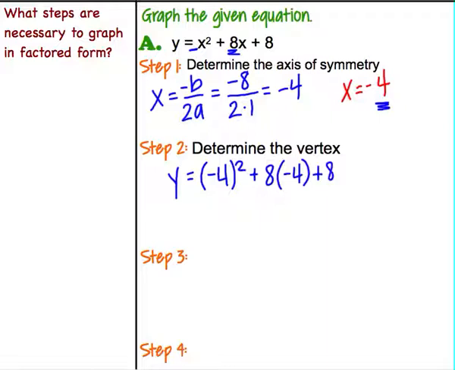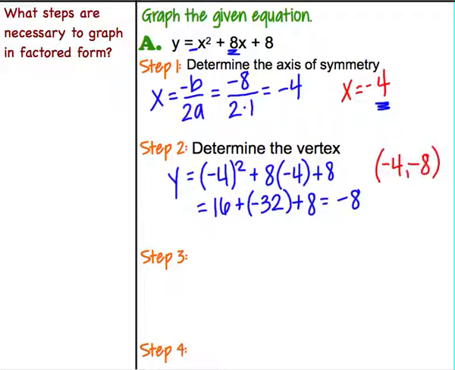Well, 4 squared is 16, plus a negative 32, plus 8. 16 plus negative 32 is negative 16. Negative 16 plus 8 is negative 8. Therefore, our vertex is negative 4, negative 8.